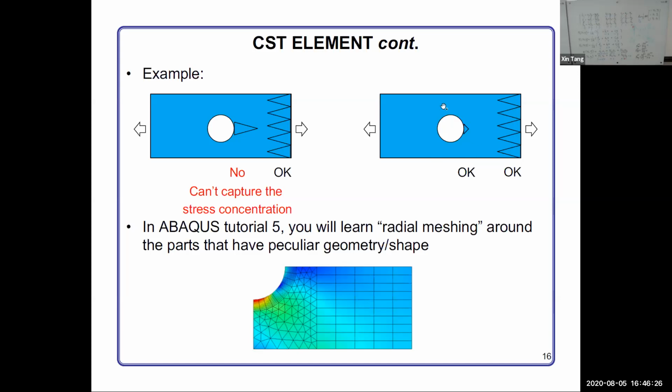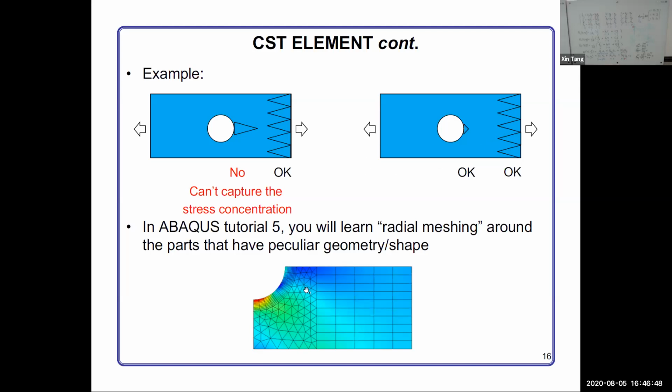You can, of course, make the whole plate very dense, but then the problem is you will need a lot of computation power. As the element becomes smaller and smaller, you will have more nodes on the plate, and at each node you need to solve the differential equations. So it takes more time for you to get the results, right?